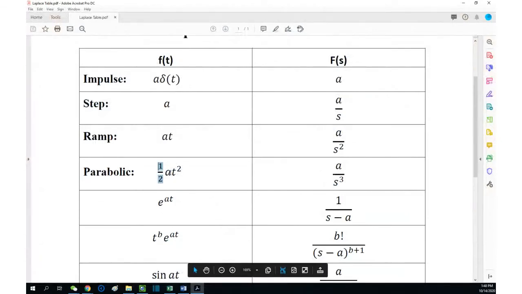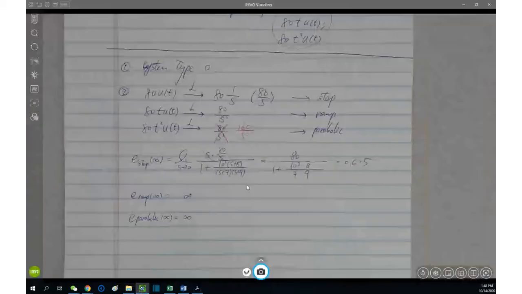And here, Sean is asking, not quite relevant to this step, to this parabolic input. But everybody be careful here, okay? The parabolic here is one half a times t squared, which equals a over s cubed. Be very careful. That's why it's 160 as the numerator here.